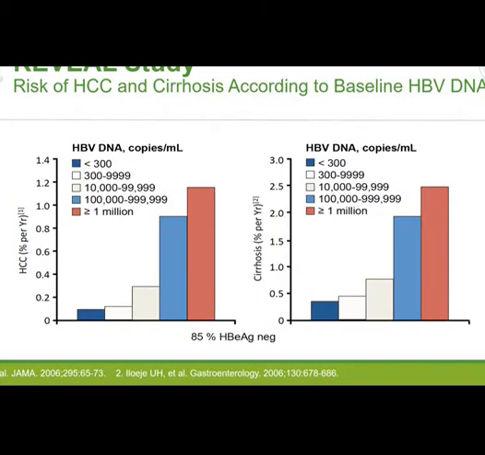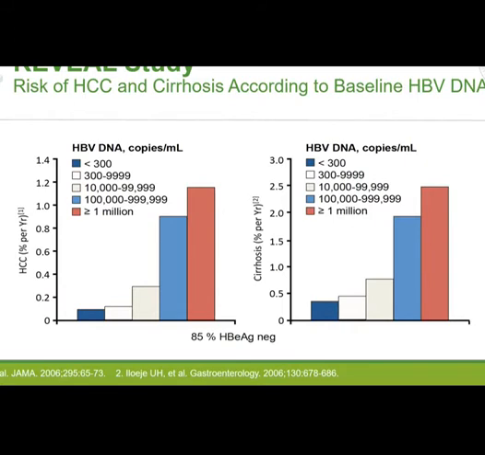This was the study done years ago, and it was basically to do the risk evaluation and the viral load and its association to the liver disease. And it has clearly shown that those patients who have got high viral load are more prone to develop hepatocellular carcinoma.